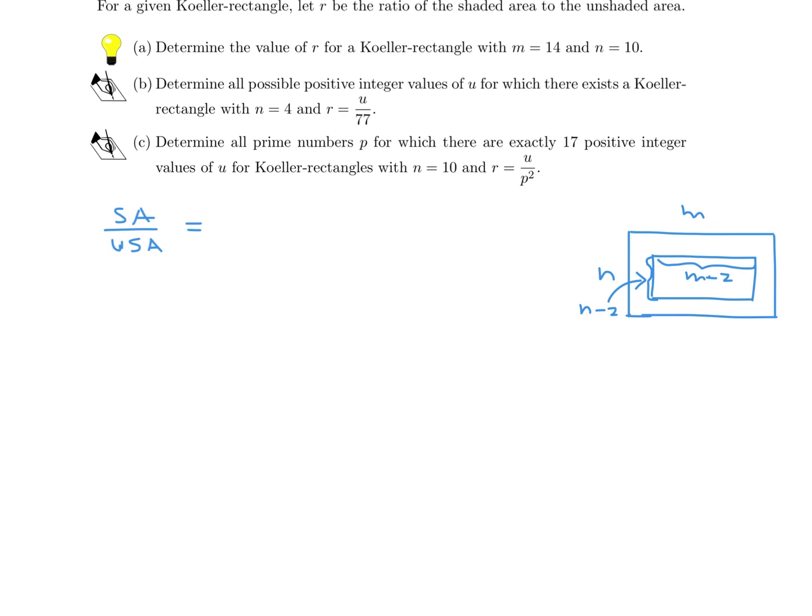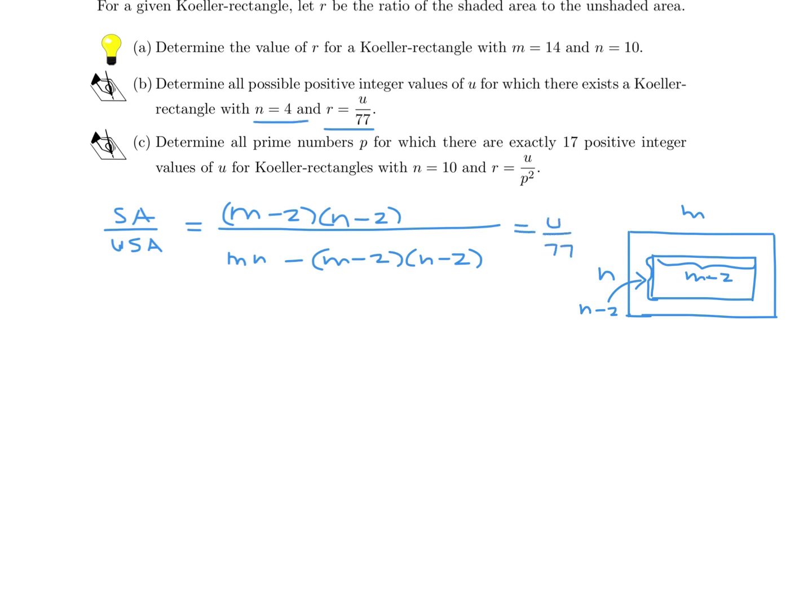So the shaded area over the unshaded area basically is m minus 2 times n minus 2 all over mn minus m minus 2 times n minus 2. It's the same story. The only difference is that we have letters this time. And they told me that this ratio, which is called r, is u over 77.